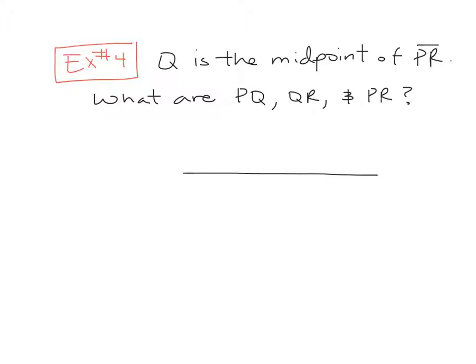And here's your segment, P, Q, and R. And then they show us that PQ is 6x minus 7. And they show us that QR is 5x plus 1.